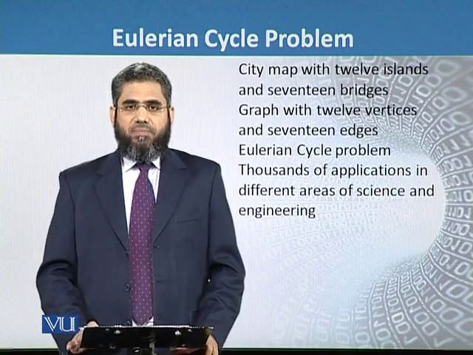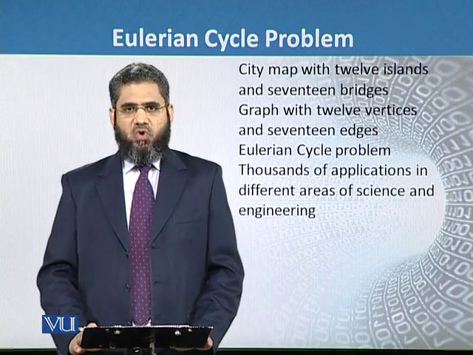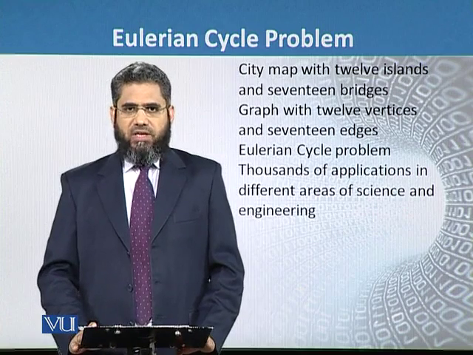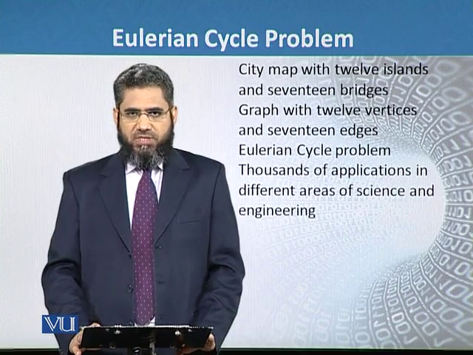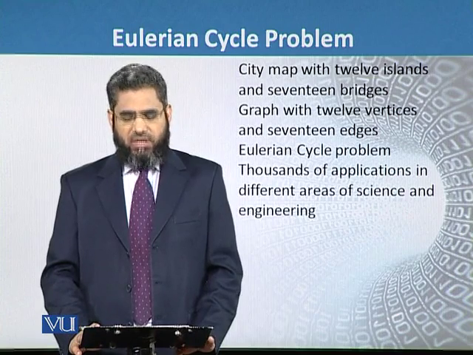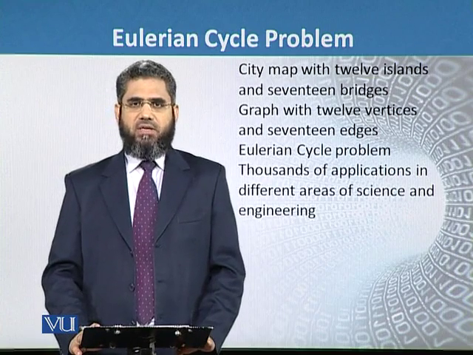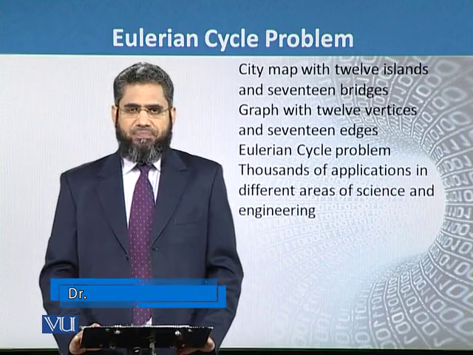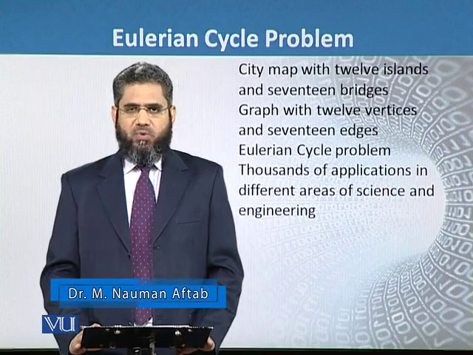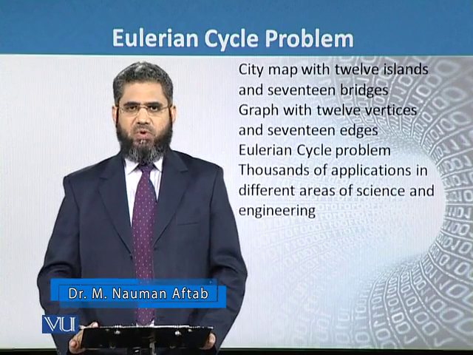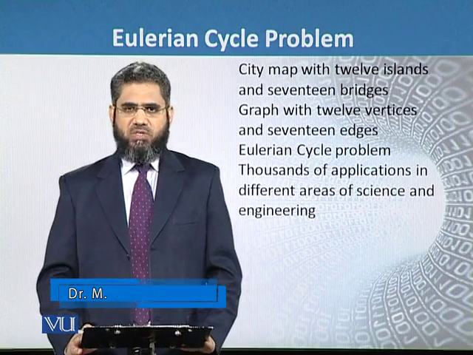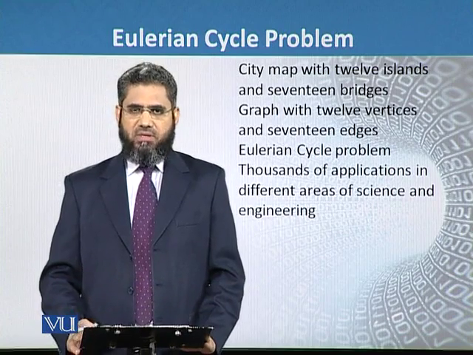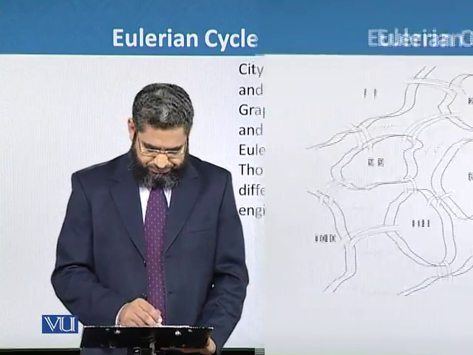So when the map is transformed into a graph, the bridge obsession problem converts into the Eulerian cycle problem. That problem was solved by Euler, and after solving it he contributed thousands of applications in various fields of science and engineering.